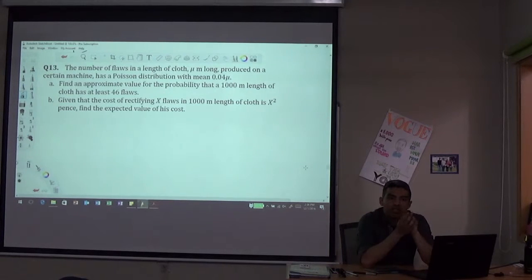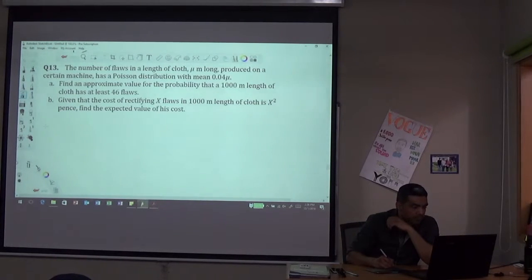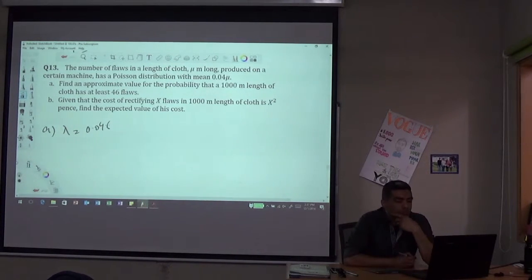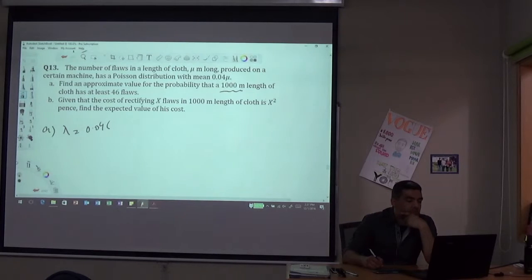Number of flaws in a length of cloth: 0.04 mu. That's the lambda value. The mean is 0.04 mu. So what mu are we taking per day? 1000 meters.